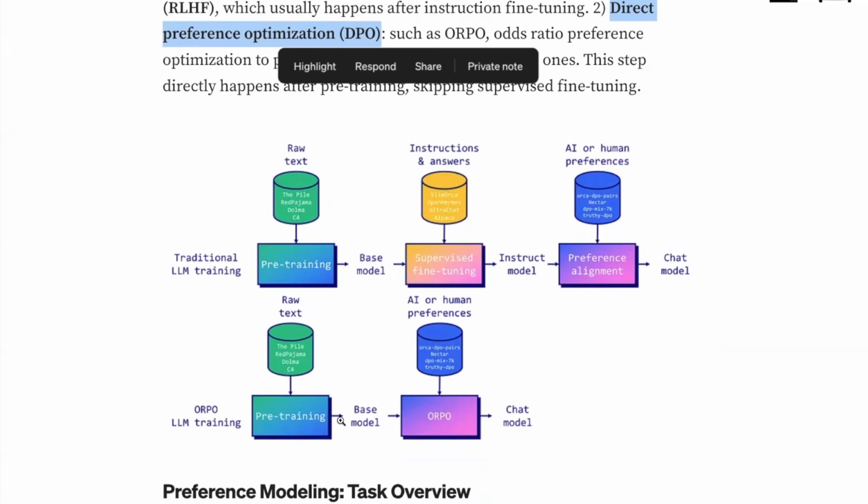So after you finish the pre-training on the unlabeled corpus, you directly do the optimization using the base model on the preference data.